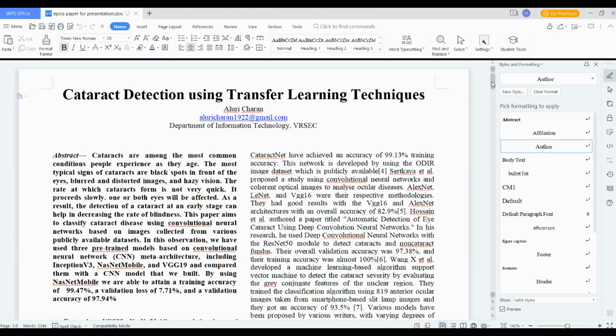We have used transfer learning techniques like NASNetMobile and Inception with VGG19 to detect cataract, and we also made a model on CNN to compare these transfer learning models with a normal CNN. We got higher accuracy with the NASNetMobile technique, with an accuracy of 99.47%, and a validation accuracy of nearly 98%.